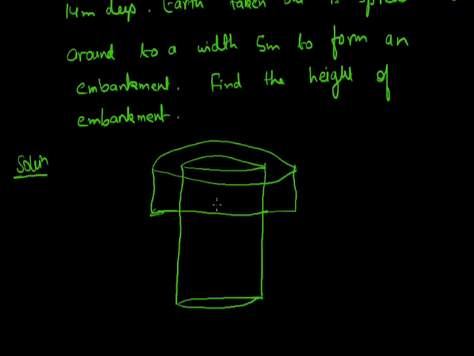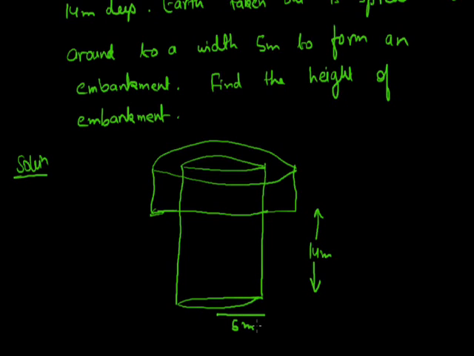This is the well, and this is the embankment, and the well is dug to the depth of 14 meter. The radius of this well is given as 5 meter.